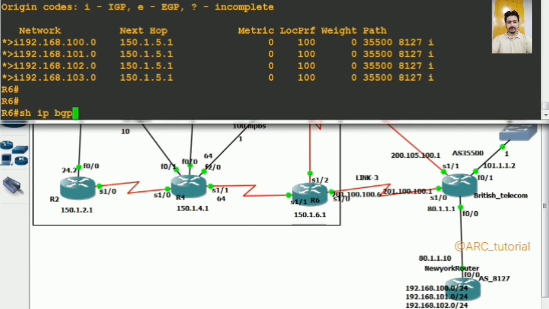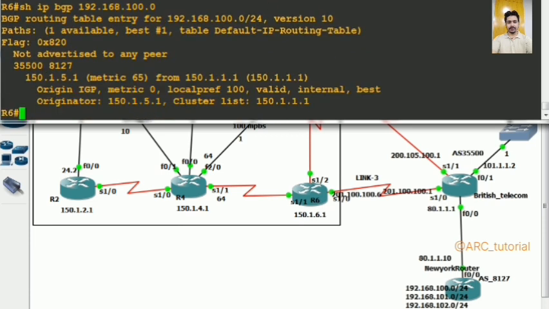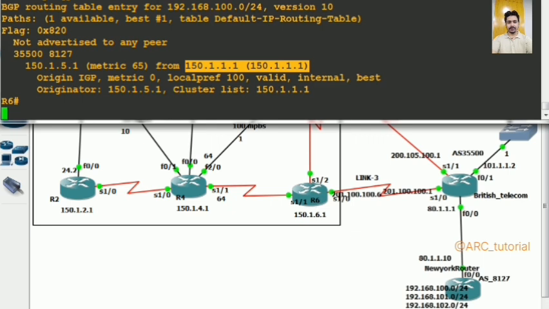But if you open it in more detail, for 100.0, its next hop address is this, coming from neighbor this, and this is the neighbor's router ID. Understood or not? Do not read the originator and cluster list. We'll be discussing it later during the advanced route reflectors, right?